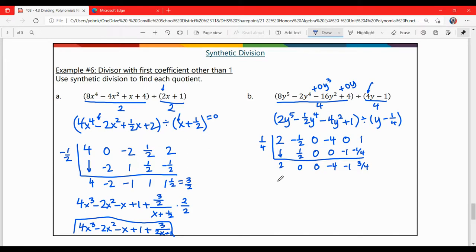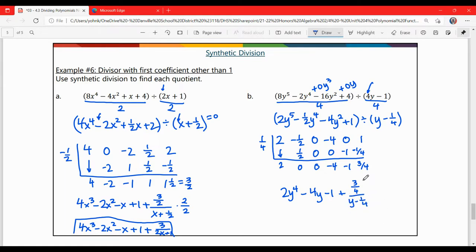Fractions are just numbers. All right, so we got our remainder, our constant, our linear, no quadratic, no cubic. So we have fourth power. These are y's. So I have 2y to the fourth minus 4y minus 1 plus 3/4 over y minus a fourth.